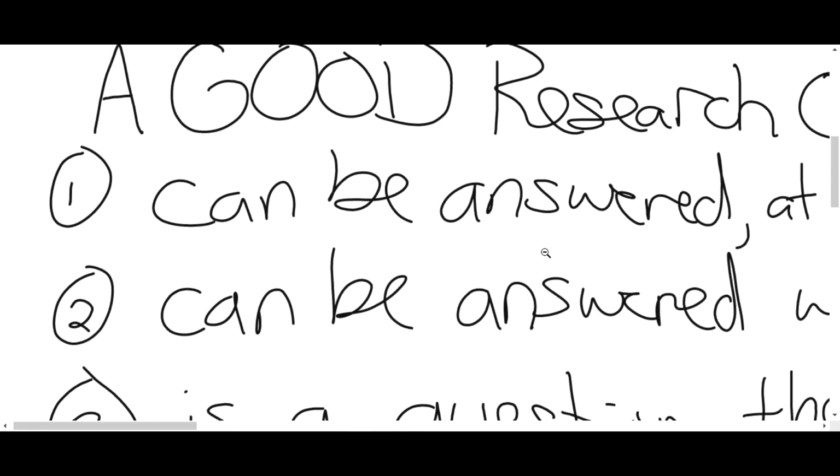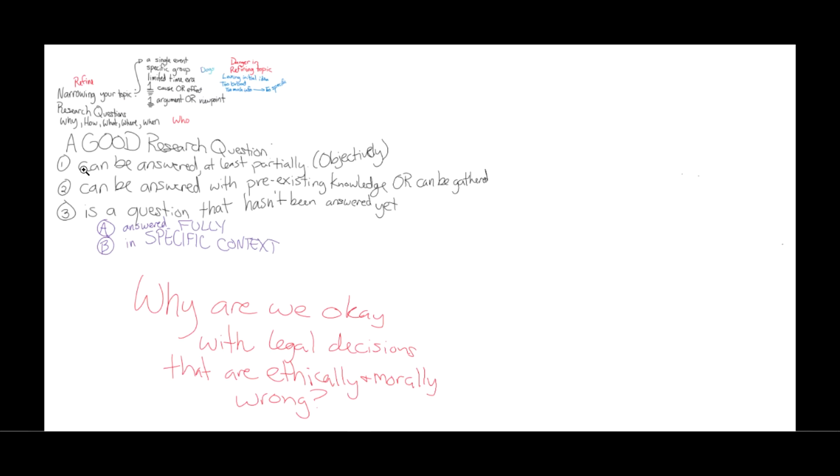And so, I already talked about it, but what makes a good research question? We have to realize it has to be able to be answered at least partially and objectively. So, this is not some existential theory of whether or not God exists, or whether or not the Big Bang is the cause of all creation, or pick your subject that doesn't actually have a scientifically based answer.